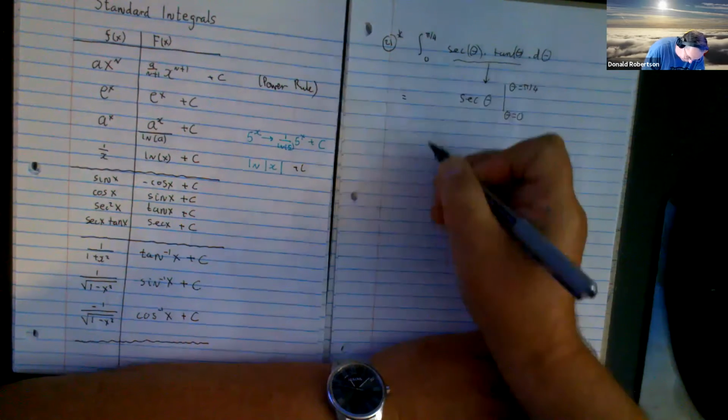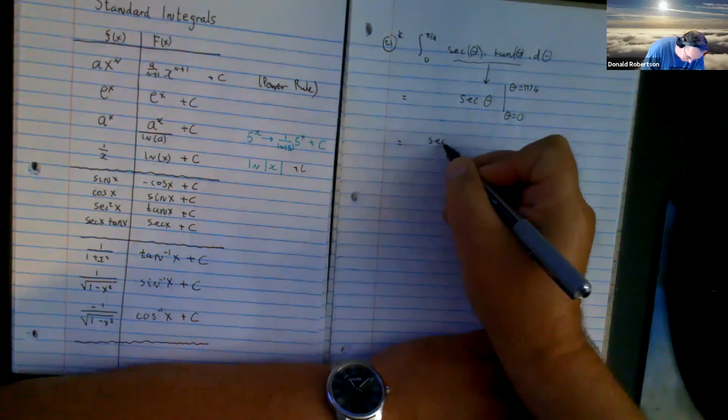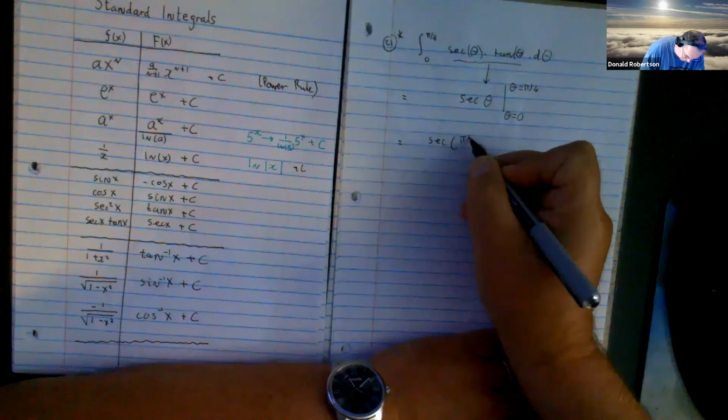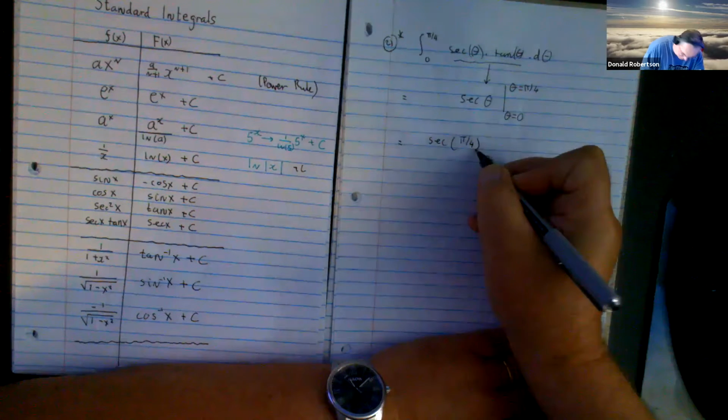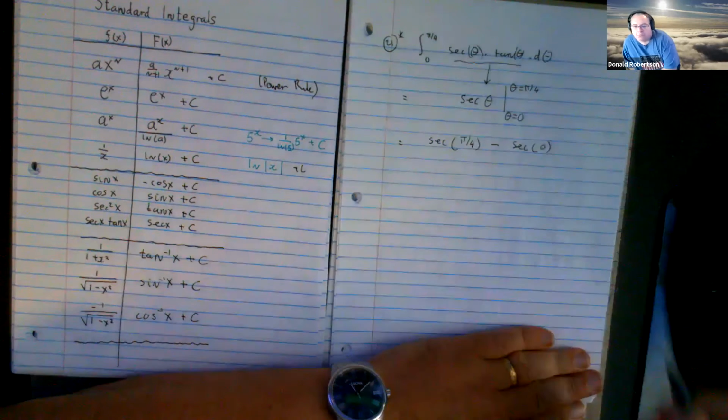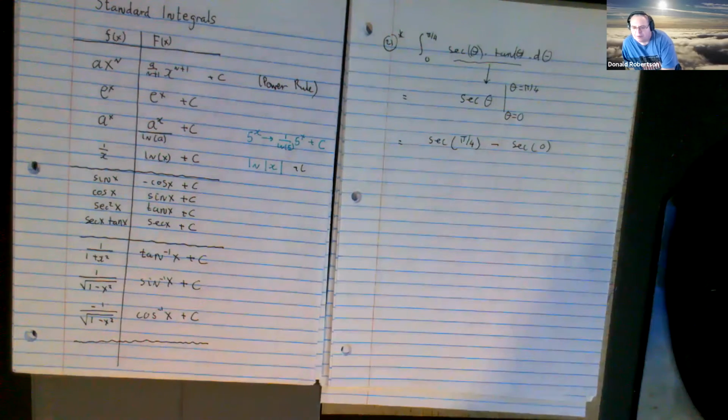And that's simply just going to be the secant of pi upon 4, take away the secant of 0. And all the calculus is finished now, but not the final answer. That's not the answer I'd want you to write. We want to know what the value of something is.